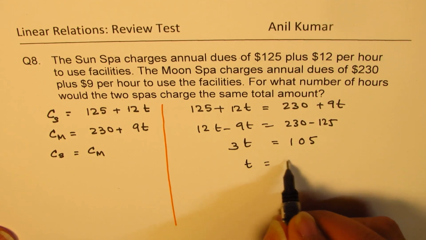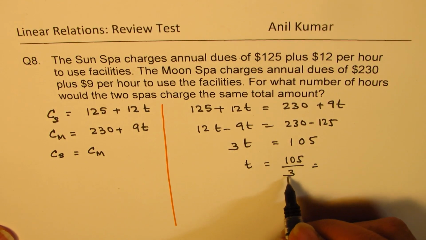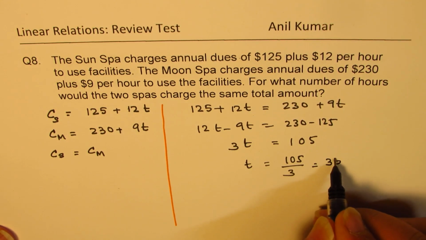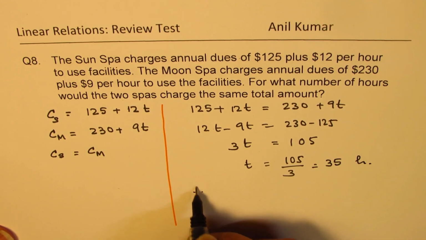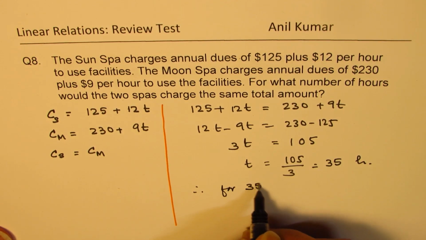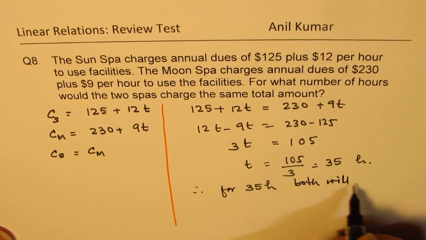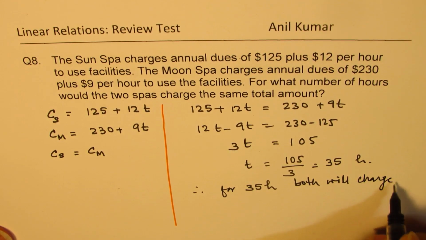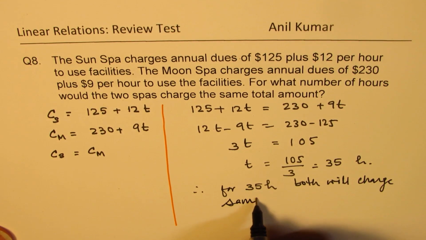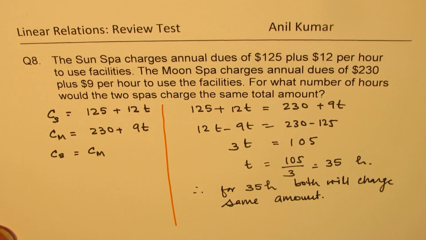So t equals 105 divided by 3, which is 35 hours. So therefore, for 35 hours, both will charge the same amount. Okay, so that is how we are going to do it.